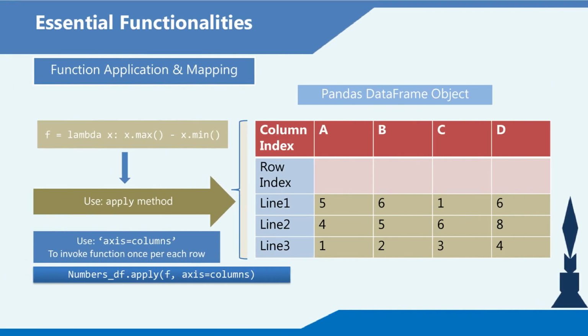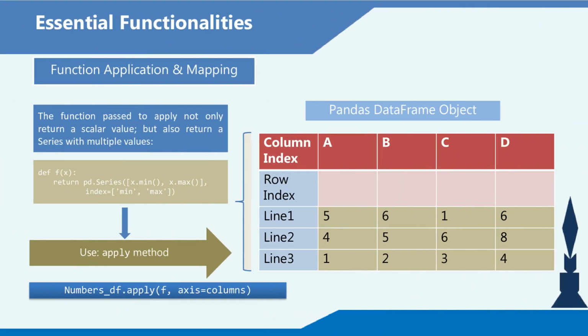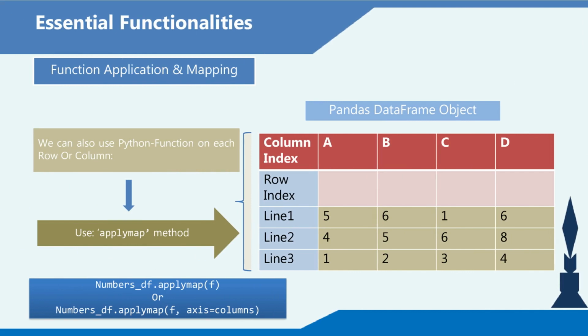If we pass axis equal to columns to apply method, the function will be invoked once for each row instead of column. The function passed to apply need not return a scalar value. It can also return a series with multiple values. We can also use Python functions which are used to perform the operation element-wise instead of either along the row or column axis.